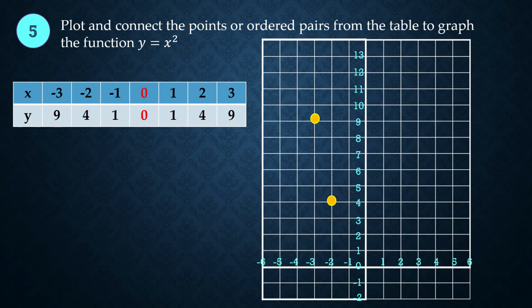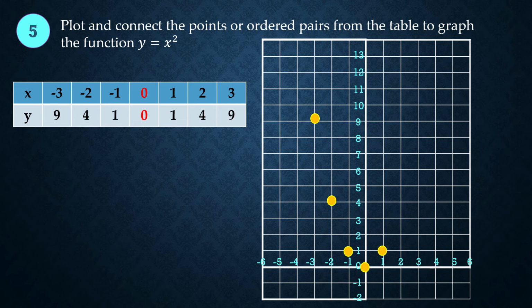Next, negative 1 is the x. Okay, to the left of 0. Negative 1. Its pair is positive 1. The y, going up 1. Oh, sorry. So, there. Then, the vertex is 0, 0, the origin. Obviously, it is the intersection of the x and y axis, right? So, the vertex is located.